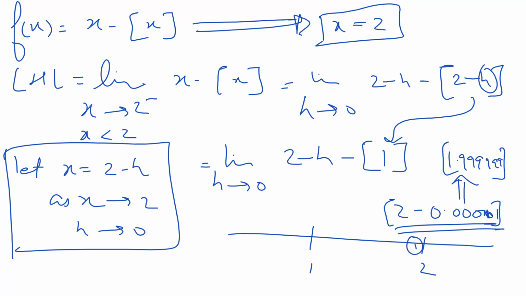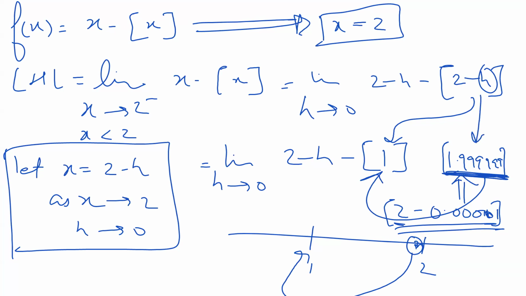So that value is over here before 2. So the greatest integer function tells that the previous integer has to be taken. The previous integer has to be taken. So instead of taking the answer as 2 for this, the answer for this will be 1. So 2 minus h, we are subtracting a smaller value from 2. So it becomes 1.99999.